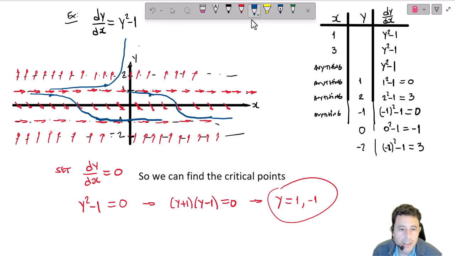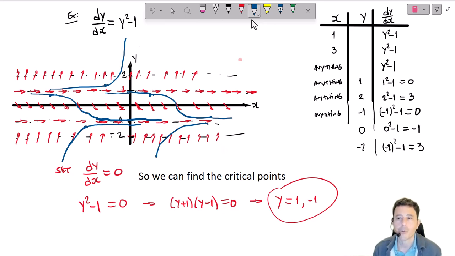If I drop something here, then it's going to go like this, right? If I drop something here, it's going to go like this. So all of these are solutions. So this is one solution. This is another solution. This is another solution, right? Several solutions. And again, we don't know what the graph is.